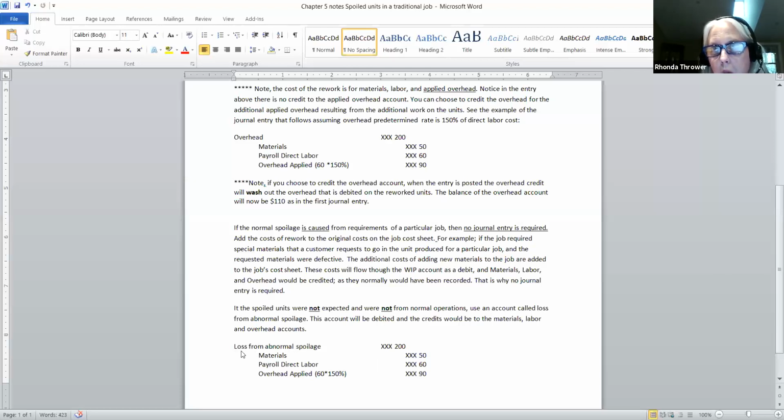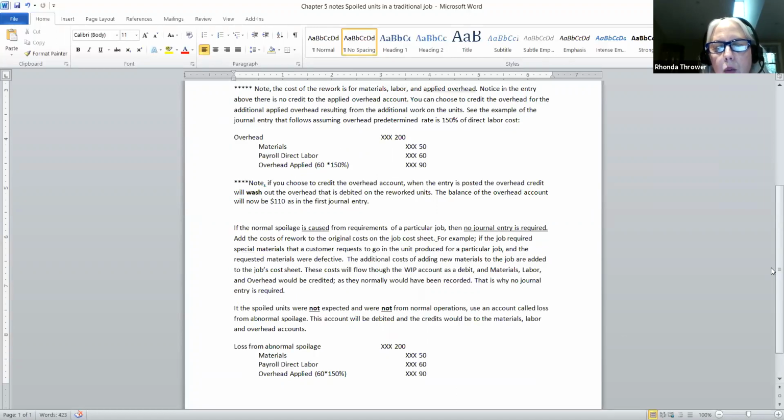And this loss will show up on your income statement in other items. It's a loss from abnormal spoilage. We want management to know that this wasn't expected to happen. And they might want to examine why it happened and make sure that it never happens again. But in this case, it's called a loss.